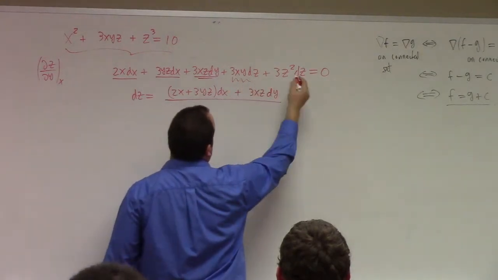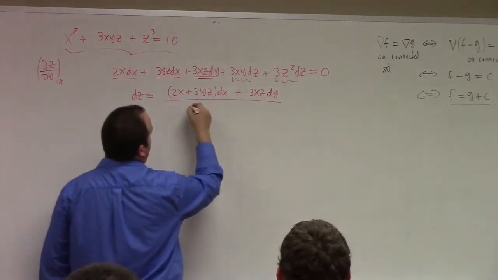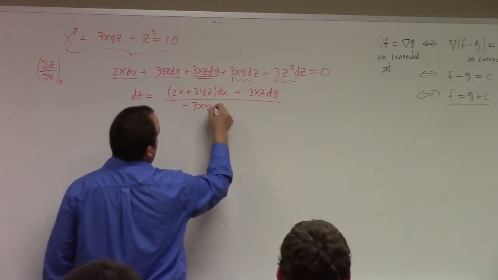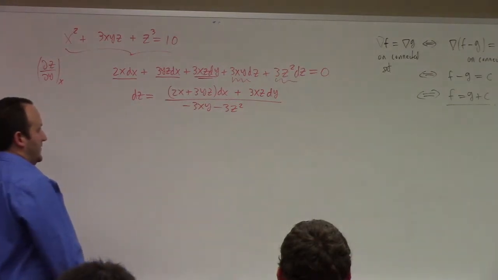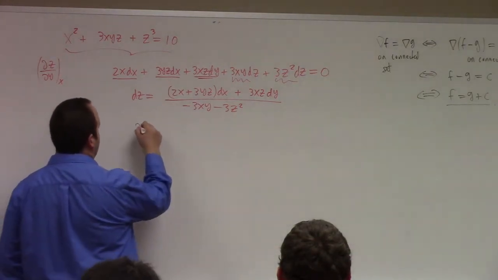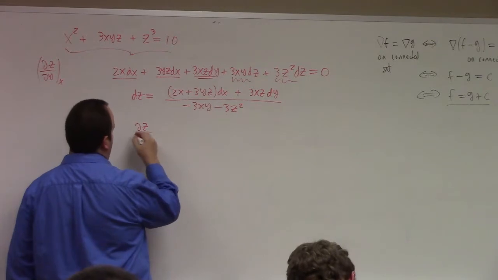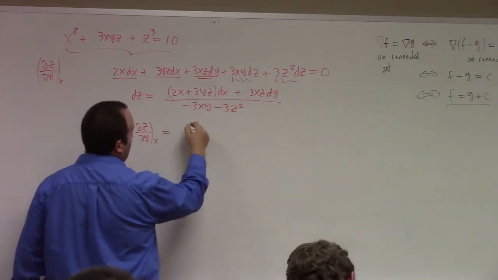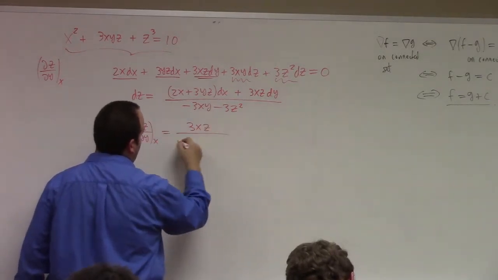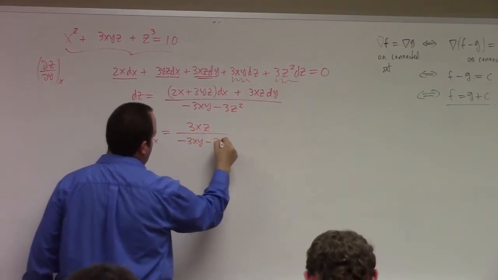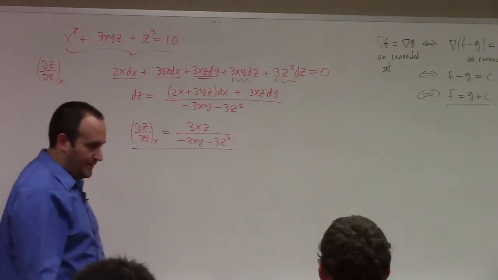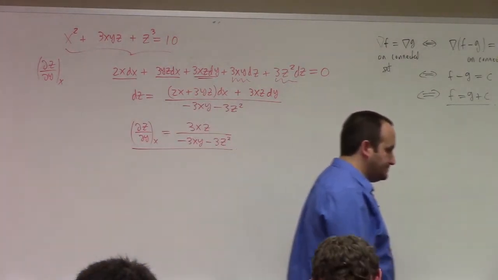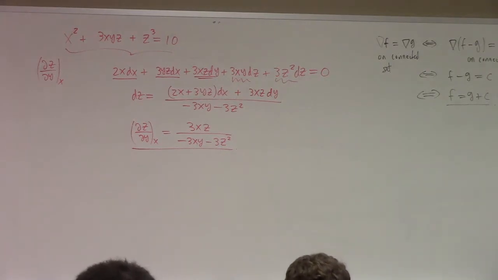I got this one, and I got this one. I got to bring them to the other side, so I get minus 3xy minus 3z squared. So with that, I can read off that partial z, partial y holding x fixed is 3xz divided by minus 3xy minus 3z squared, if I haven't made a mistake.